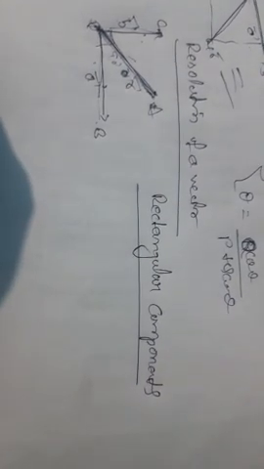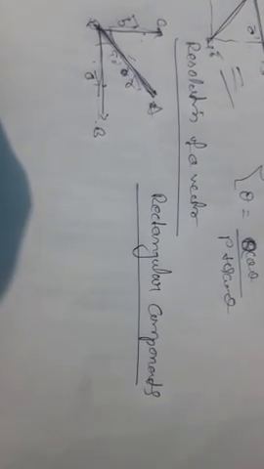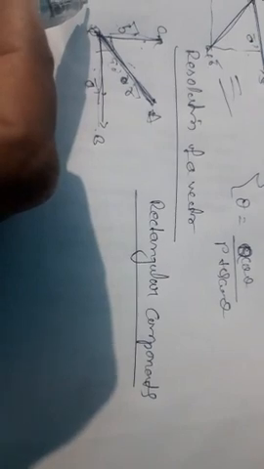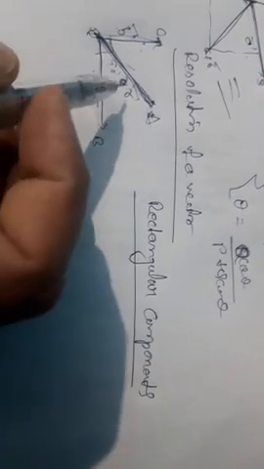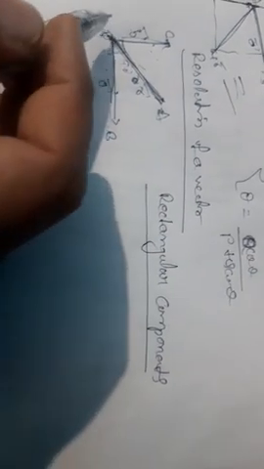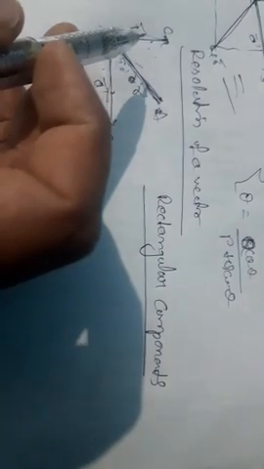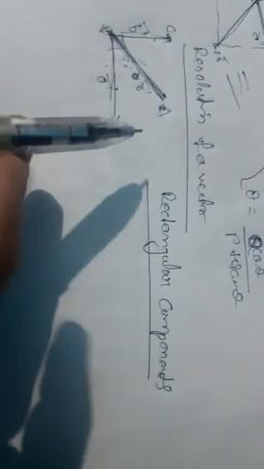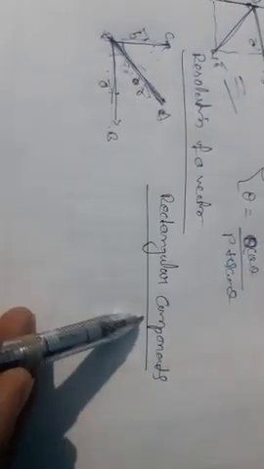The rectangular components means the vector is resolved into two components along mutually perpendicular directions. Then the components are called rectangular components.